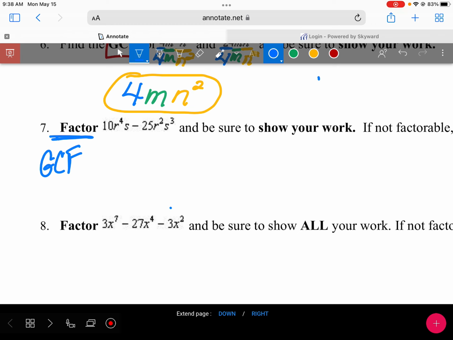Looking at the numbers, 10 and 25, my greatest common factor is 5. 10 does not divide into 25 evenly, so divide by 5, divide by 5. 5 is what you are factoring out. 10 divided by 5 is 2. I'm going to leave some space because I might have some other things. I should have left some space here.